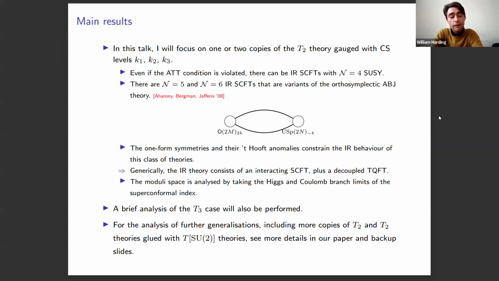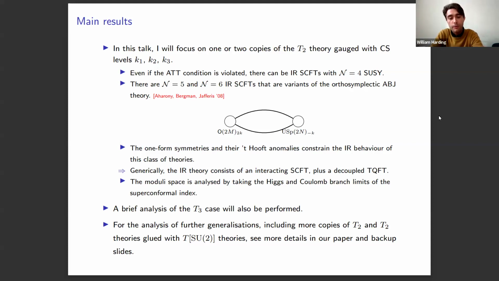Okay. Next, I will also analyze the one-form symmetries and their 't Hooft anomalies for this class of theories. And we will see that they constrain the infrared behavior of these theories. And generically, the infrared theory consists of an interacting SCFT plus a decoupled TQFT. The moduli space will also be analyzed by taking the Higgs and Coulomb branch limits of the superconformal index.